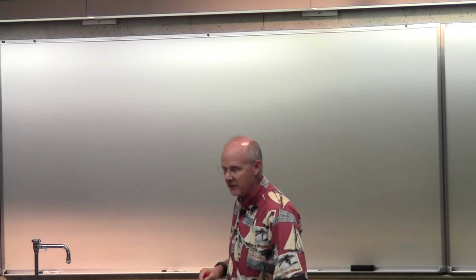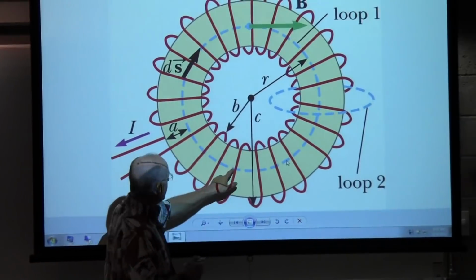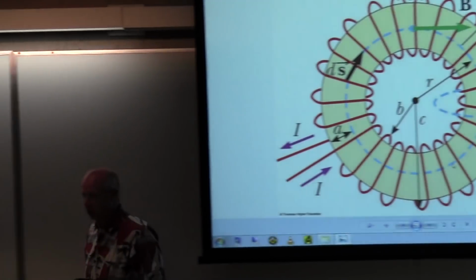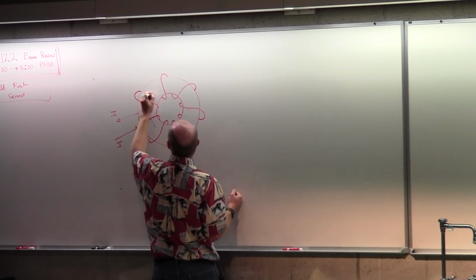What is the magnetic field in there? But let me start with, and maybe I'll change colors, the most significant one first, and that is what your author does. He takes a blue line and he goes around in a circle inside of the toroid. All right, so this is my Amperian loop.